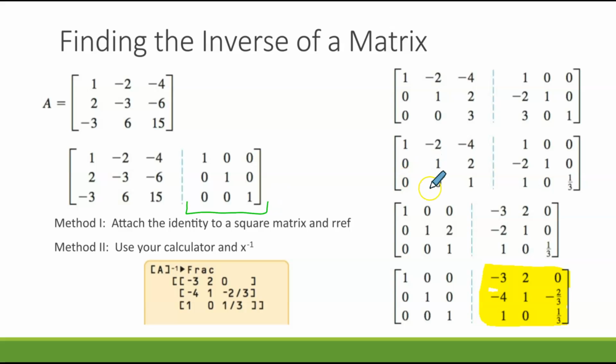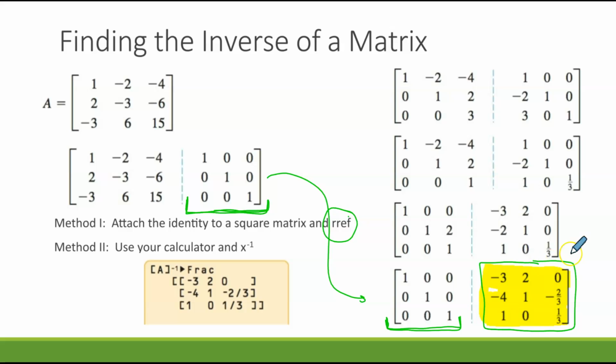We never did that because our calculator does that, but once we do our row operations, RREF in our calculator, the identity that was on the right is now the identity on the left. This becomes the inverse of matrix A. Okay?